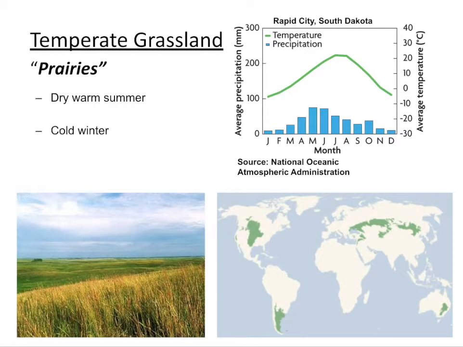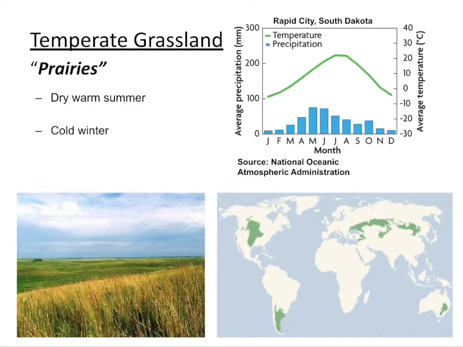And then the temperate grasslands, the prairies, usually have dry, warm summers and cold winters. So there's a cycle of rain, a cycle of temperature fluctuation, where the Great Plains in North America, the central part of North America, in Canada and the United States, Kansas, Saskatchewan, those are going to have prairies, very few trees growing there.